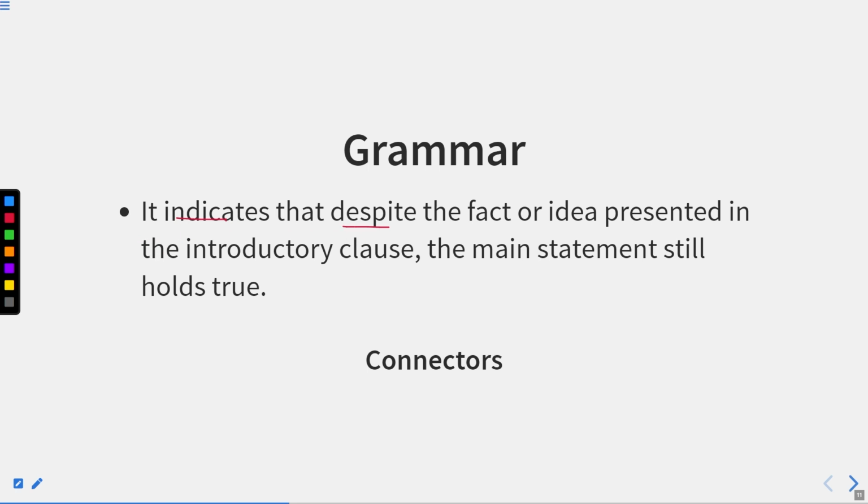It indicates that despite the fact or idea present in the introductory clause, the main statement still holds true. So there may be a situation which is just opposite, yet the thing which is going to happen happens. Despite that contradiction, it does not influence the other action. Whenever one happens, it is totally irrelevant for the other situation.